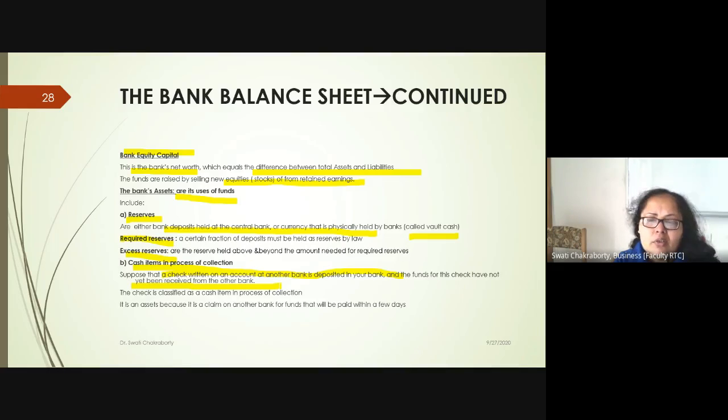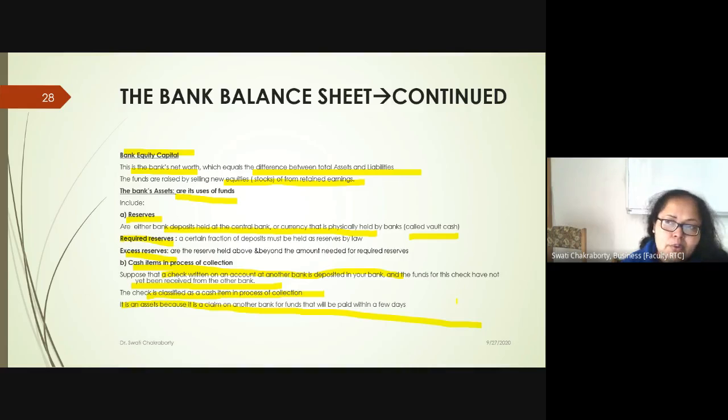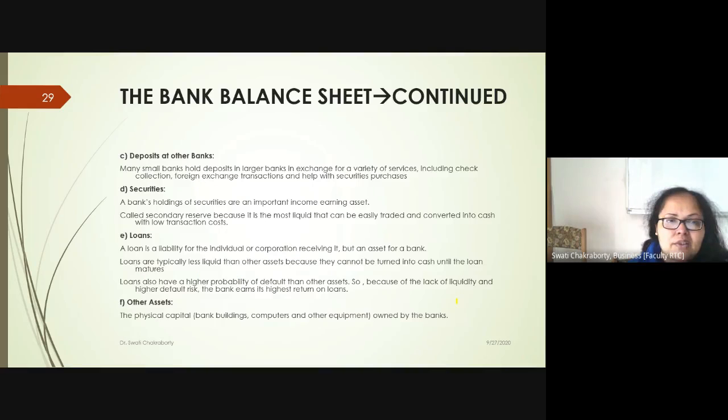So the check here is classified as a cash item in the process of collection. It's an asset because it is a claim on another bank for funds which will be paid within a few days. Your bank is claiming that amount from the other bank, where the check was issued, and that money will be collected and deposited.